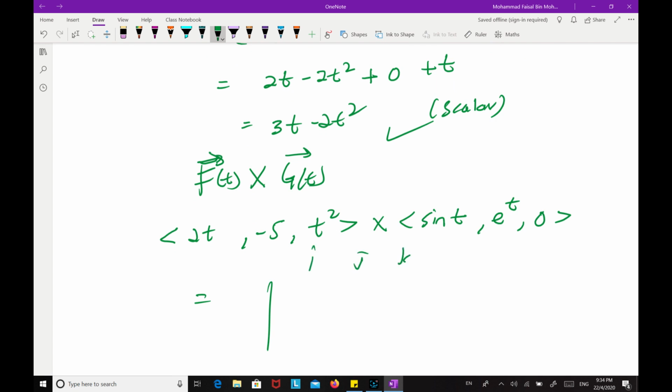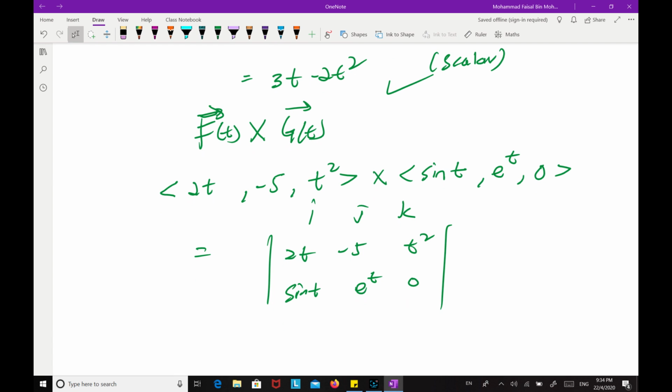So remember, we have to do it like this. i j k, 2t, negative 5, t squared, and another one will be sine t, e^t, 0. So to do this, remember plus minus plus.